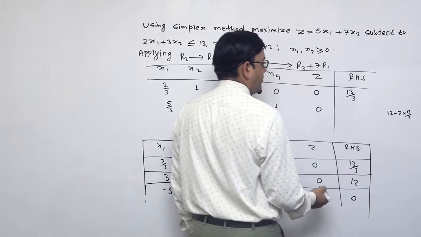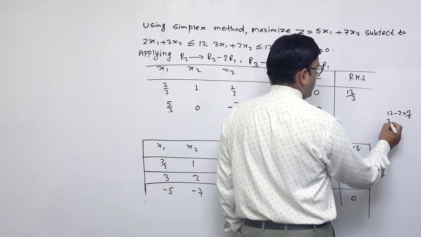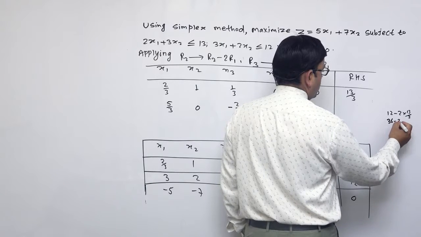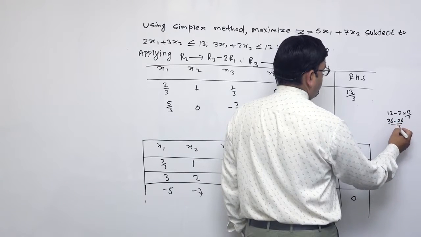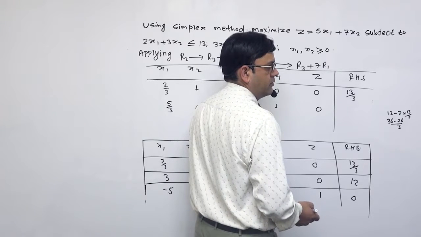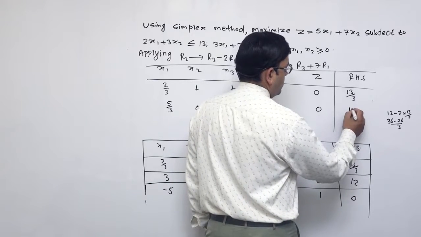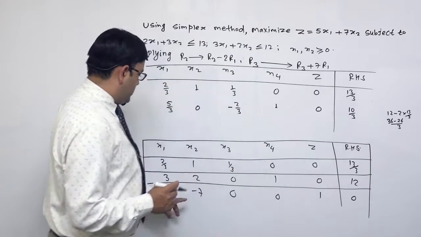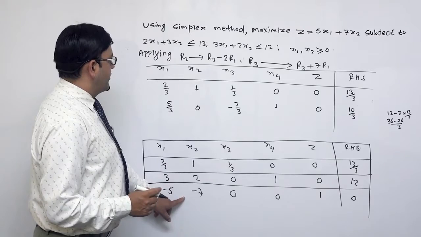So it means 3 times 12 is 36 minus 26 upon 3. It means 10 by 3. 10 by 3.